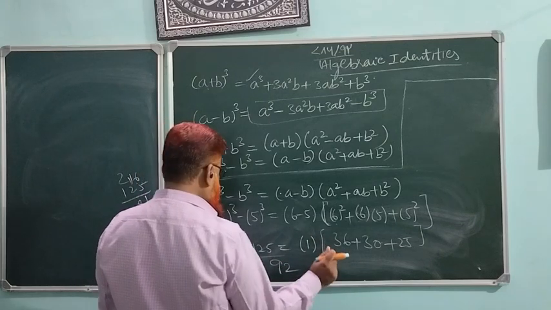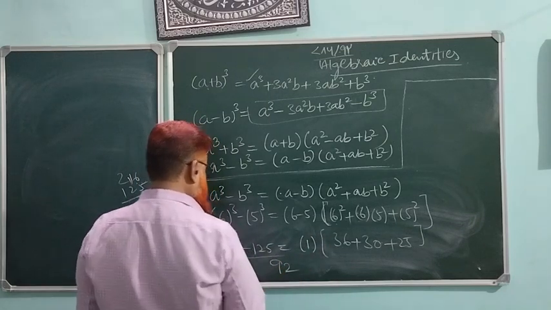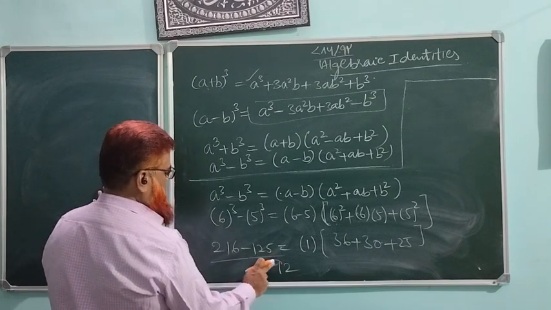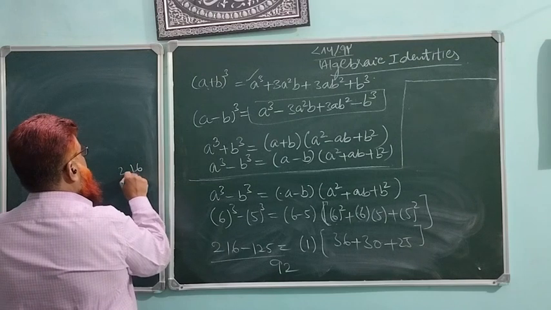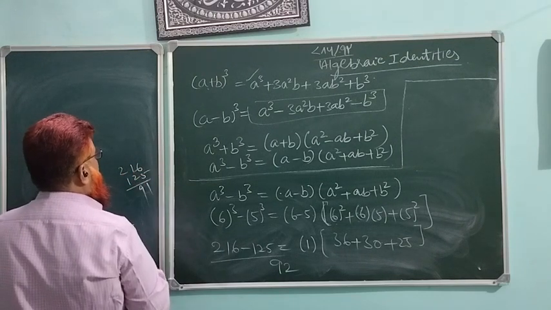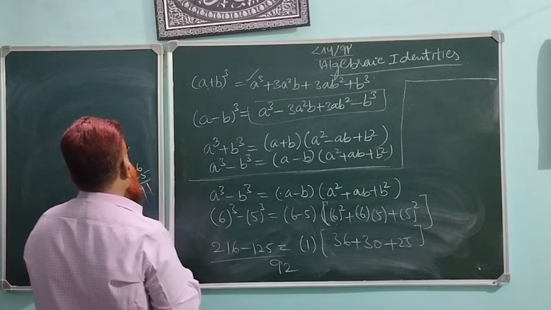Now here, 6 cube is 216, and 125. 216 minus 125, it is 91. This way we can get it.